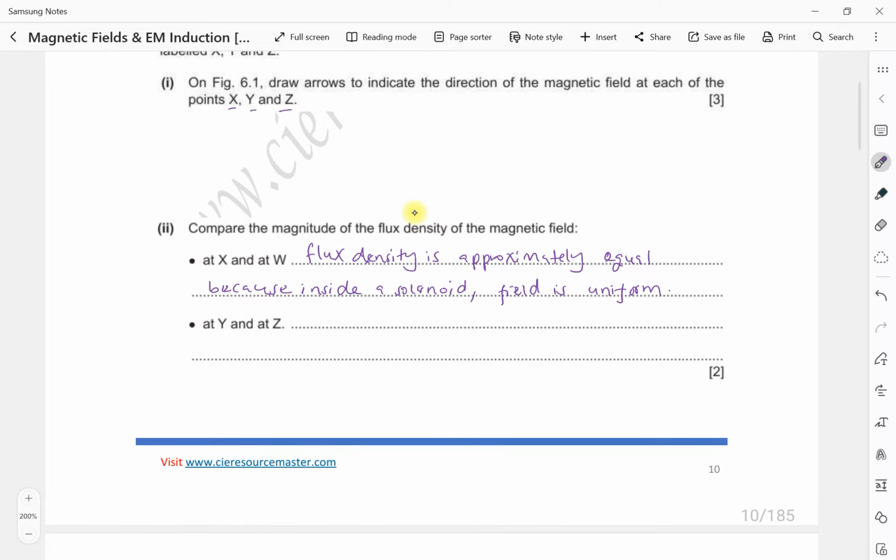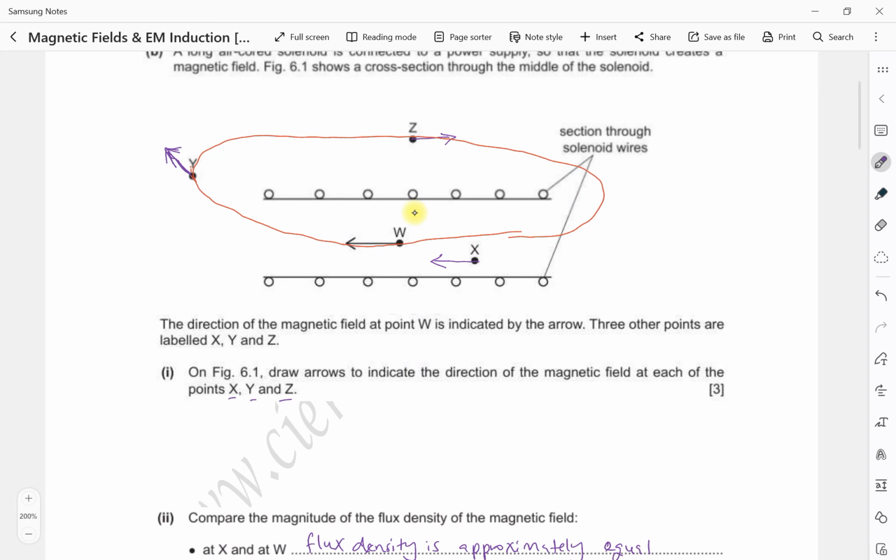Then at Y and Z, of course Z is outside the solenoid, so the field there is going to be weaker. And Y, of course this behaves as if it is a magnetic pole, with the thumb pointing towards the north. This would be the north, this would be like the south. Closer to the poles, the magnetic field is greater than outside.